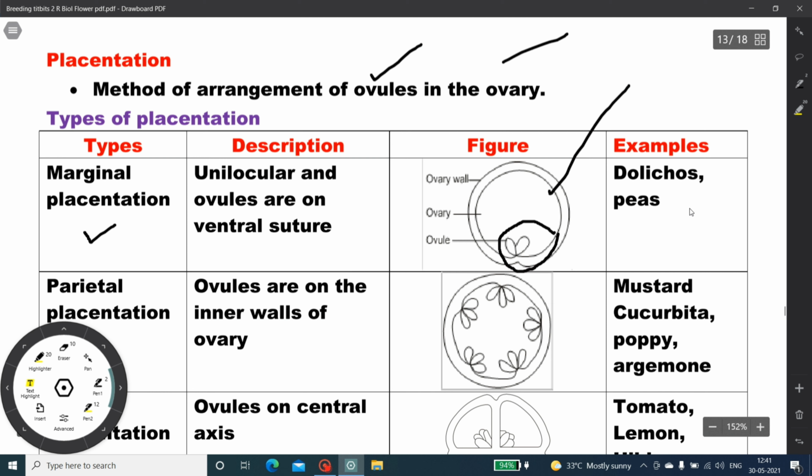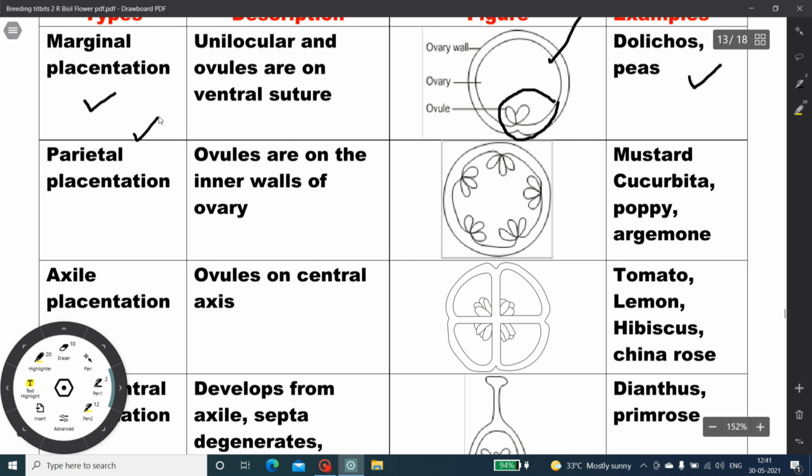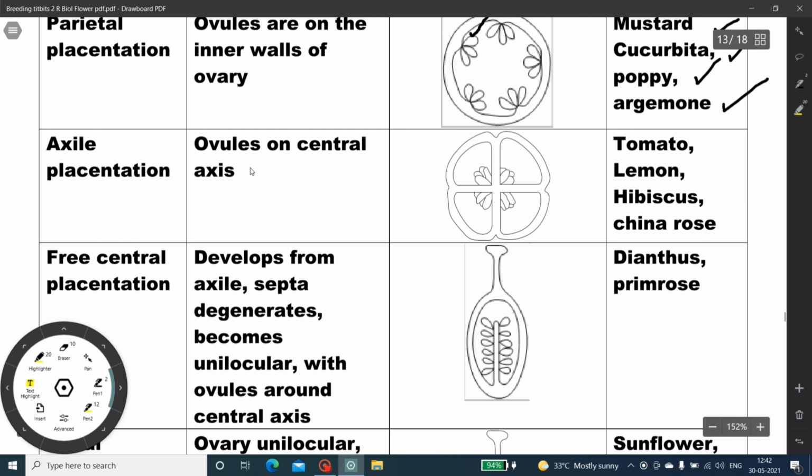The classical examples are dolichos and peas. Parietal placentation: ovules are on the inner walls of the ovary, and the classical examples are mustard, cucurbita, poppy and argemone.